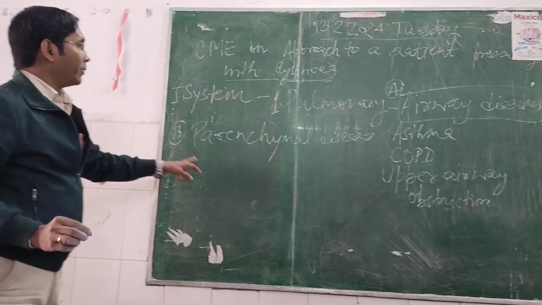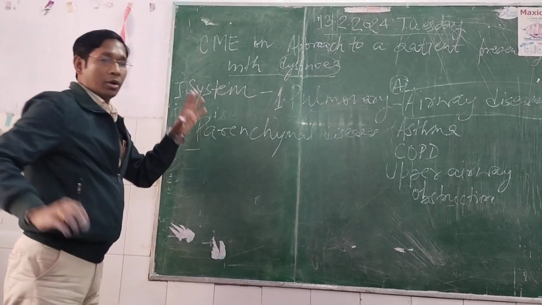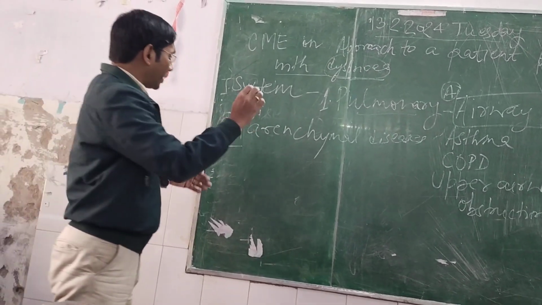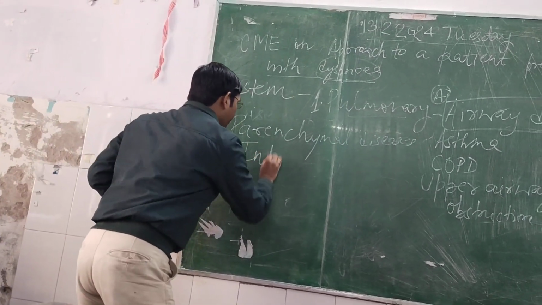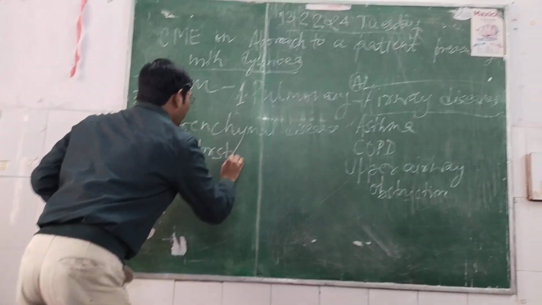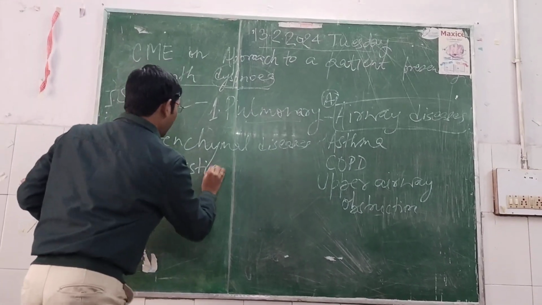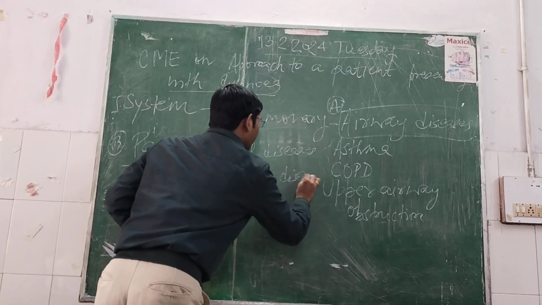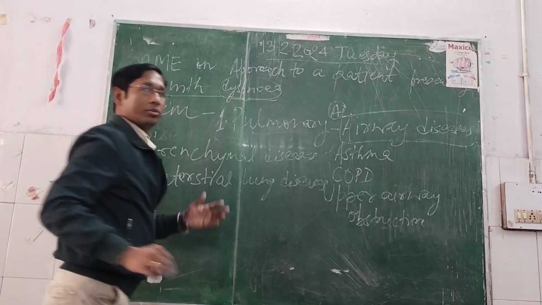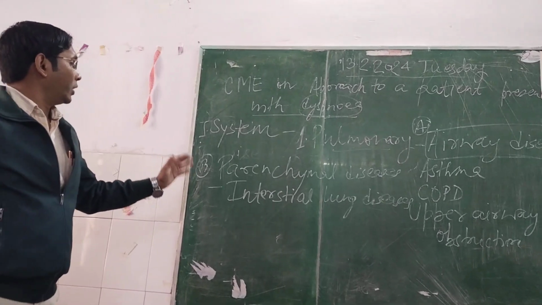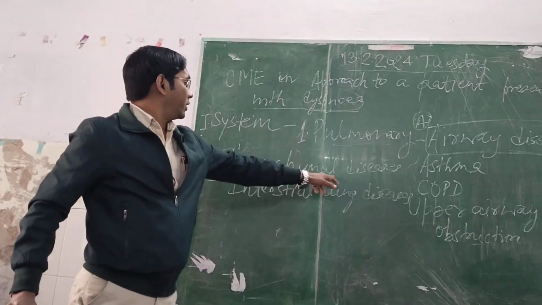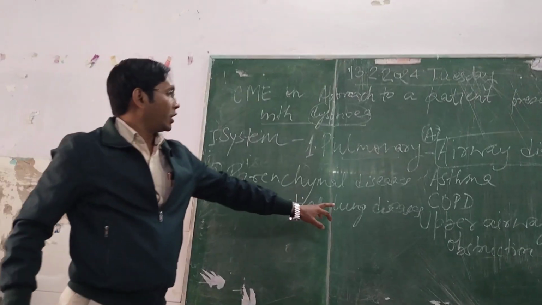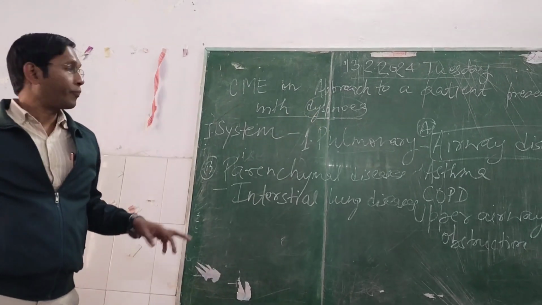An example of parenchymal disease is a group of diseases, that is interstitial lung disease, which includes a large number of conditions. So interstitial lung disease in the parenchymal diseases causes dyspnea.